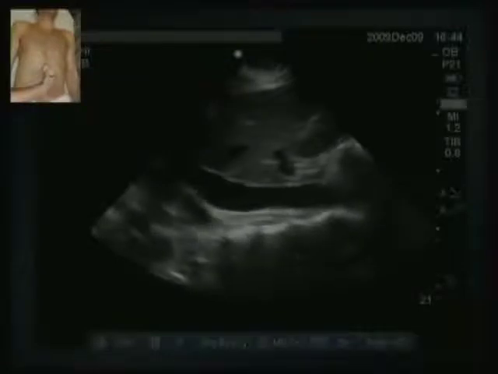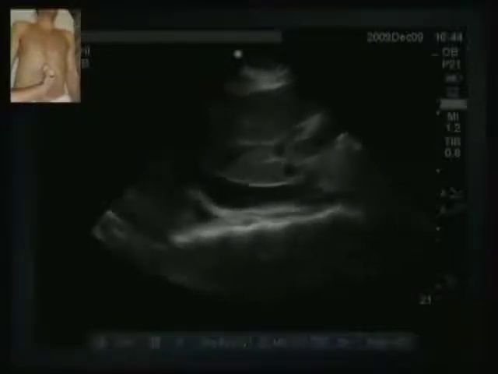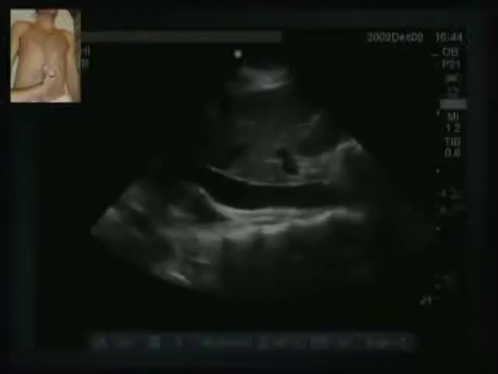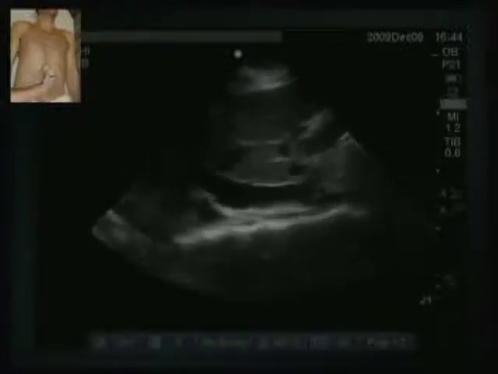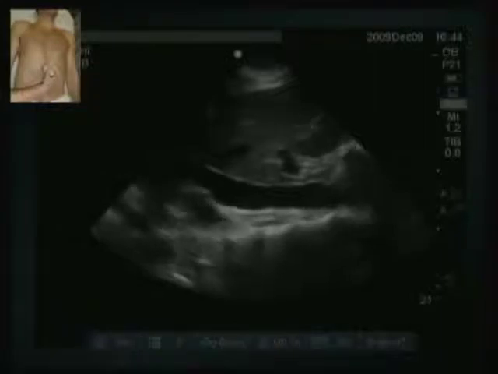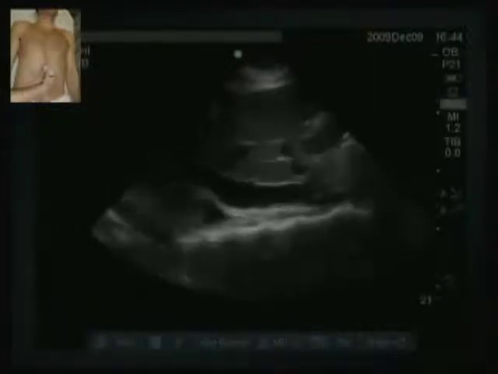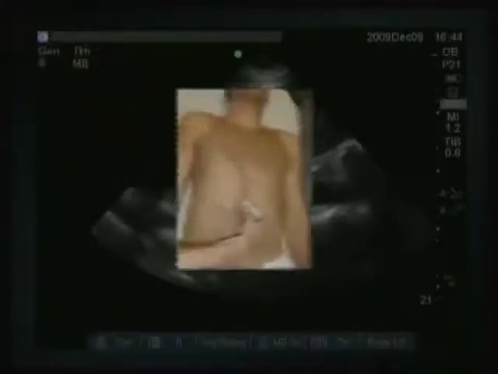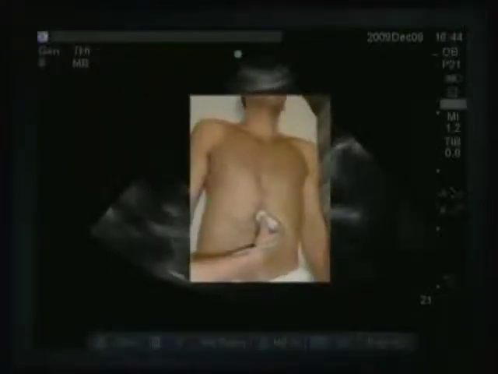And then the next step, I would say, is to take a look at the IVC, or the inferior vena cava. This is a nice extra data point to have and help confirm your diagnosis. So in the case of cardiac tamponade, you would expect for there not to be very much IVC collapse. So this is just showing where to place the probe to do the subxiphoid approach to looking at the inferior vena cava.